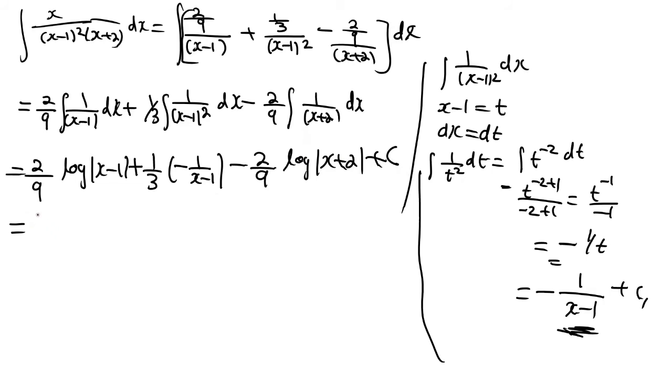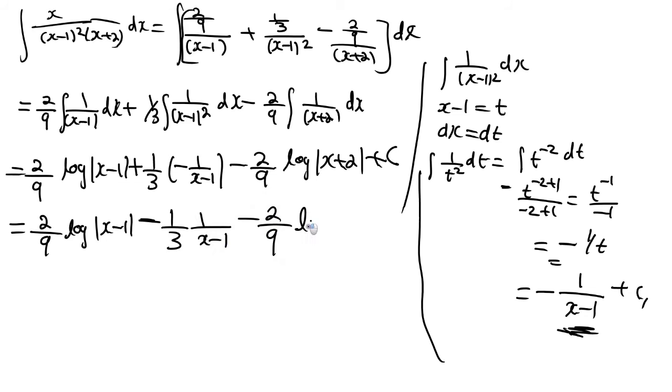Further you can write it as 2 by 9 into log of mod x minus 1, minus 1 by 3 into 1 by x minus 1, then minus 2 by 9 into log of mod x plus 2, plus integration constant. It's the required value.